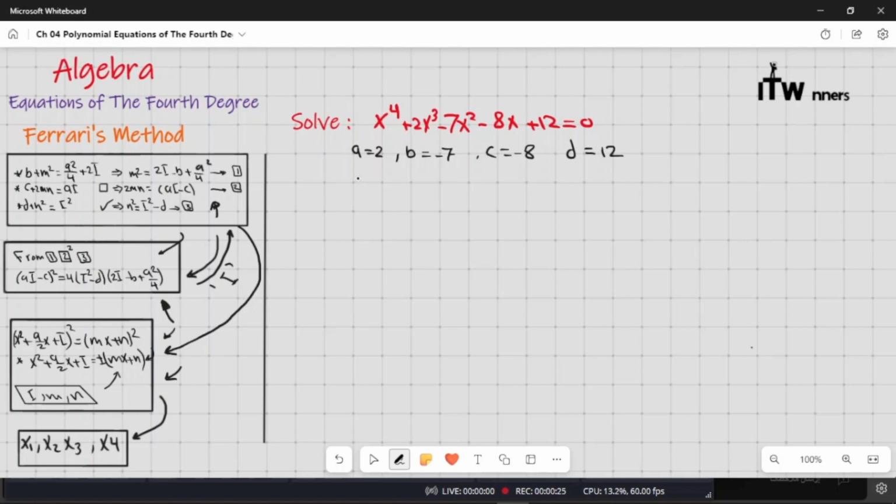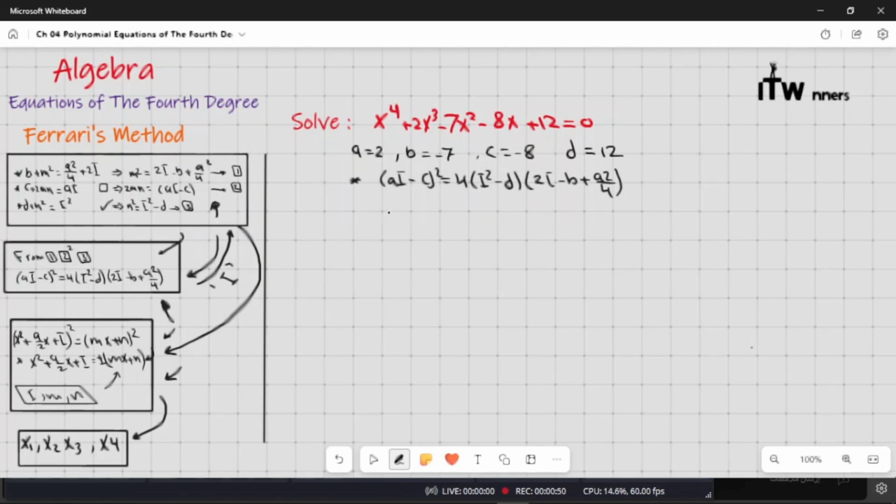Okay, so just start from this equation. We have here (a I minus c) squared equal to 4 (I squared minus d) into (2I minus b plus a squared over 4).